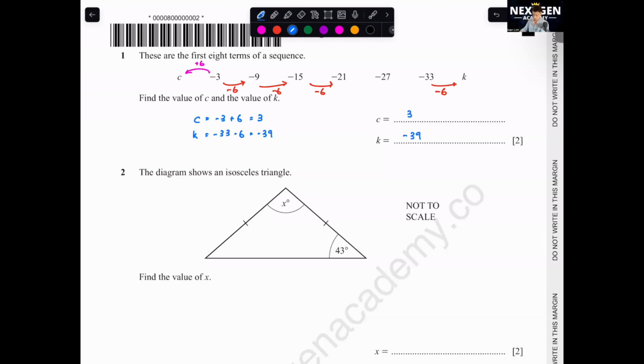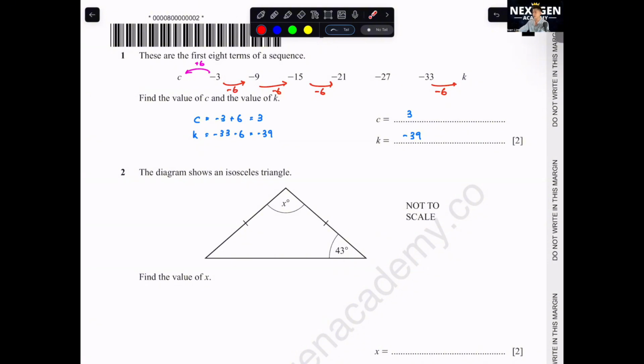Okay, number 2. Is it multiples of minus 3? No, this is linear. Can we not show working for a 2-mark question?